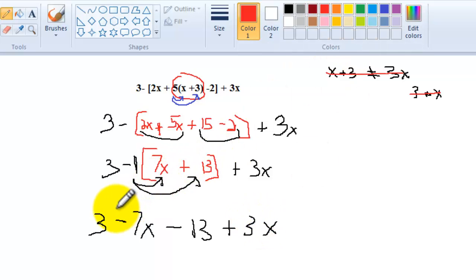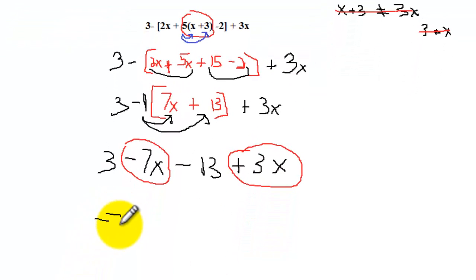But when you combine the like terms, make sure you carry along the sign that's just to the left of your term. So we combine a minus 7x and a plus 3x. So I'm going to rewrite that to minus 7x plus 3x.